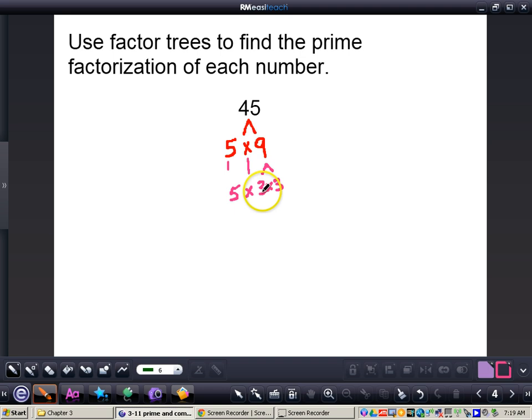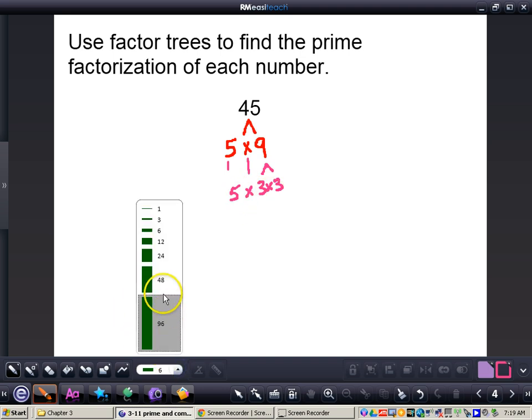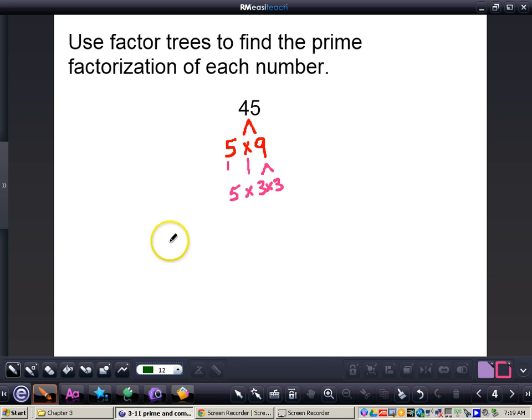Okay, so I know that all my numbers here are prime, so I know the prime factorization of 45 is 3 times 3 times 5. And when I multiply these prime numbers together, that's going to give me the answer of 45.